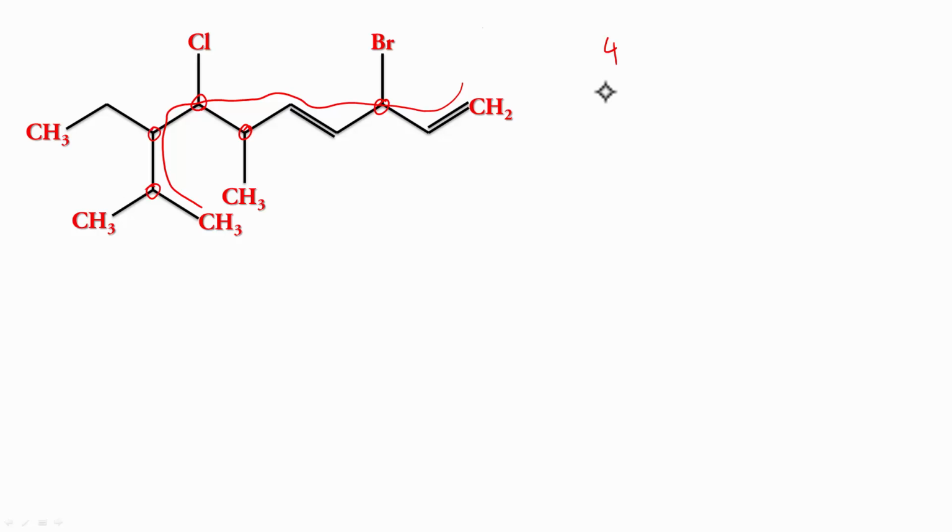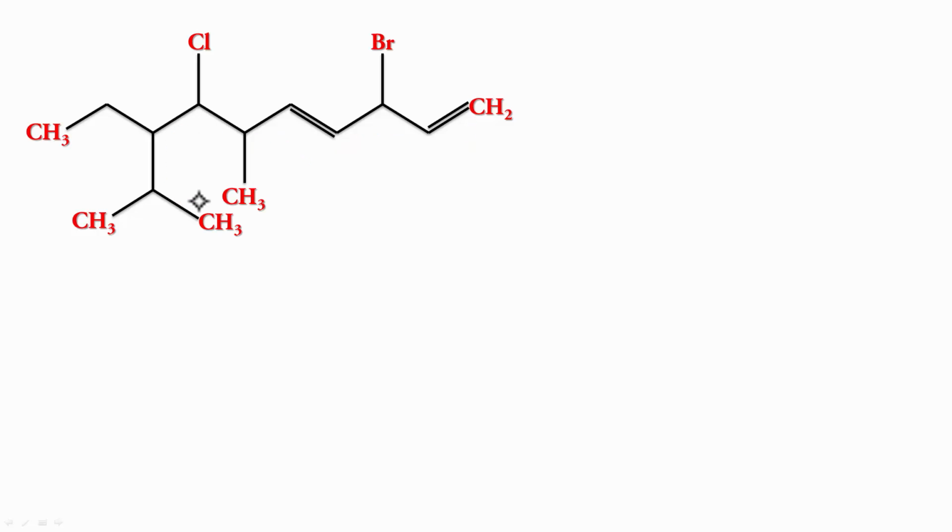So you notice I've got 5 substituents. If I were to run from right to left, I would have got 4 substituents. If I go from right and then go down, I get 5 substituents. We prefer more substituents. So the parent chain is this one.